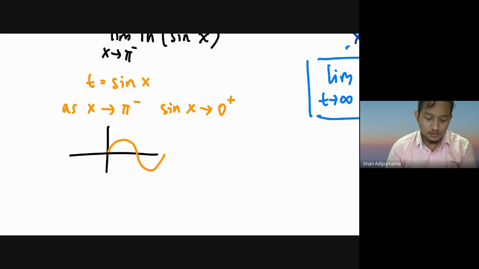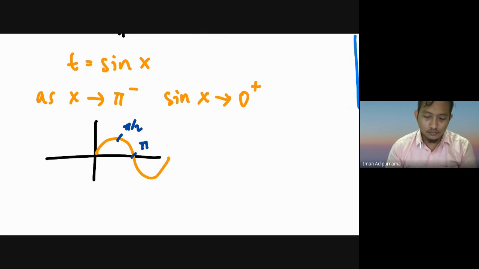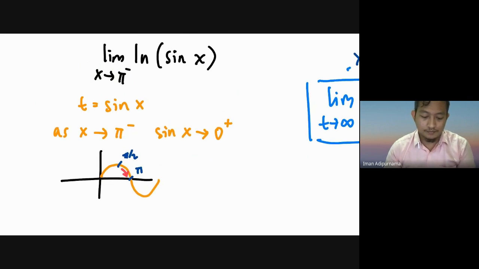If you draw the graph, this is pi over 2, this is pi, right? So what will happen going here is it is going to reach 0.